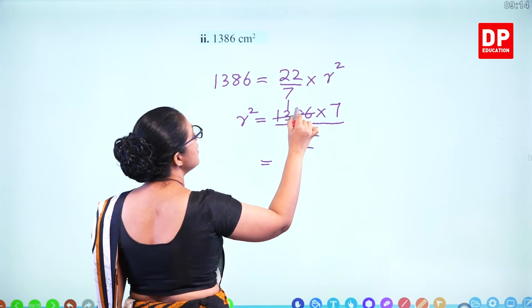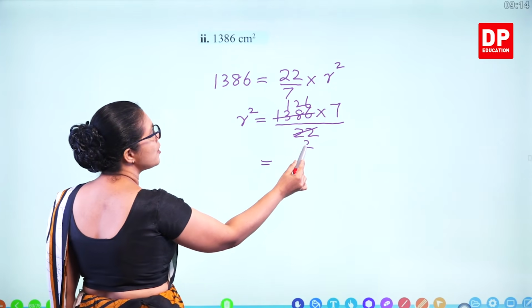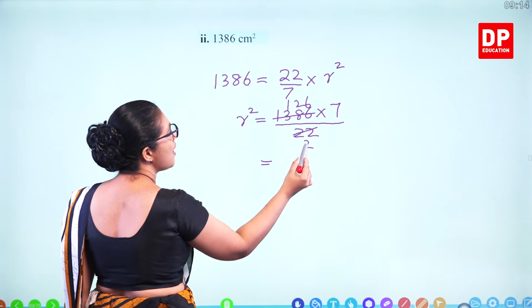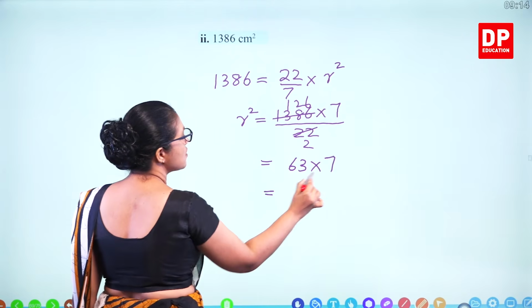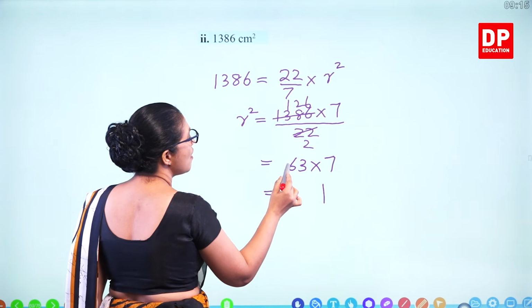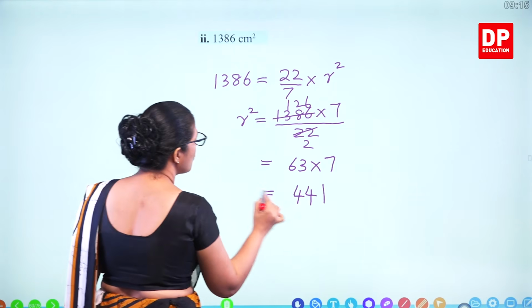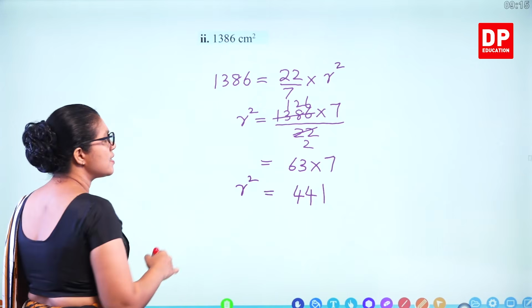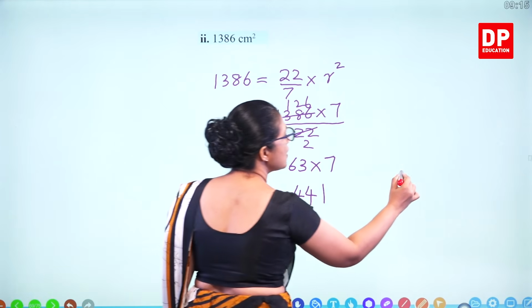So divide by 2, 126 divided by 2, you get 63 into 7. So 7 times 3, 21, 2 remaining. 7 times 6, 42 plus 2, 44. So what is 441? 21 times 21.